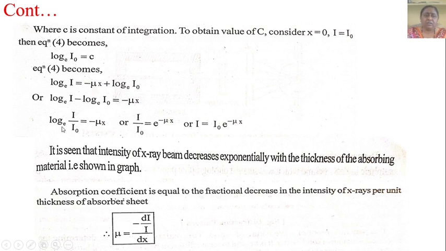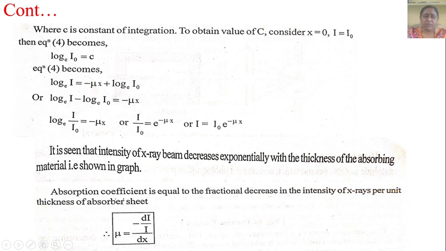Now it is equal to log of I upon I0 is equal to minus mu x, or I upon I0 equal to e raised to minus mu x, or I equal to I0 e raised to minus mu x. It is seen that the intensity of X-ray beam decreases exponentially with the thickness of the absorbing material, that is shown in graph.